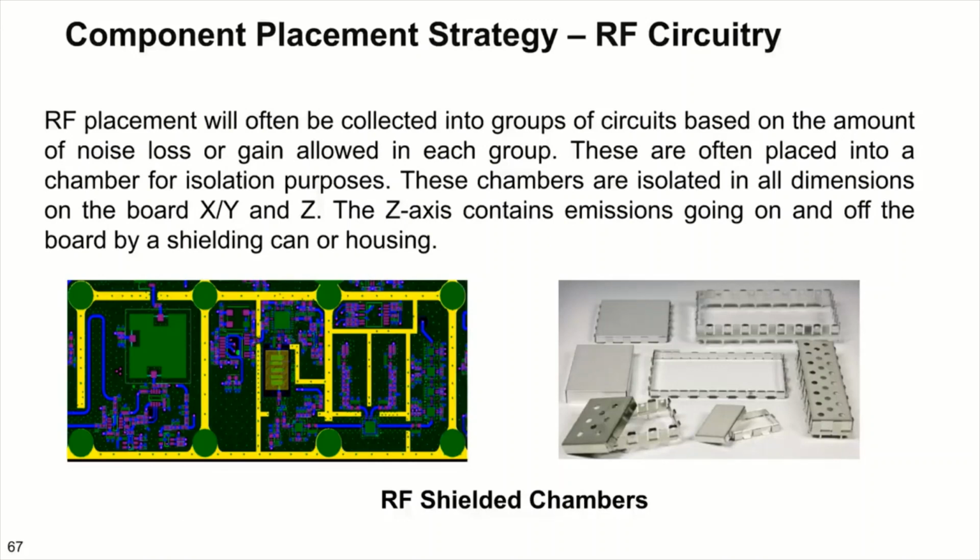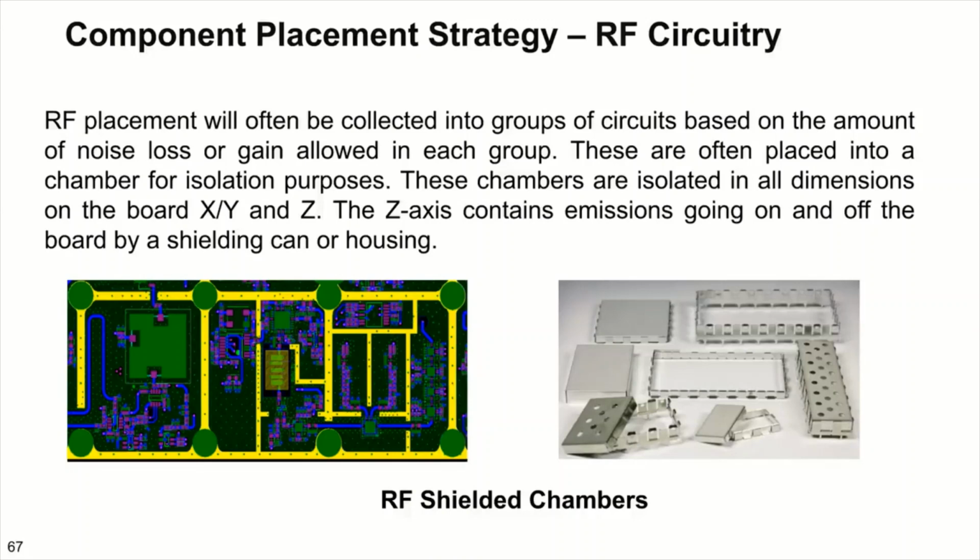Continuing our look at placement for RF circuitry, oftentimes RF placement will be collected into groups of circuits based on the amount of noise loss or gain that is allowed within each grouping. These are often placed into chambers for isolation purposes.